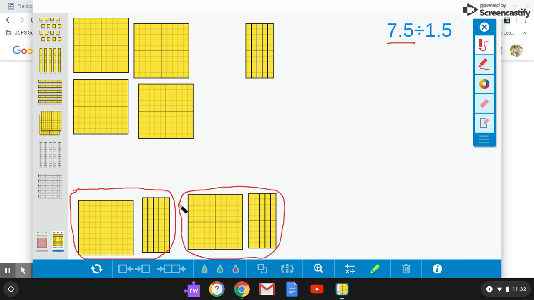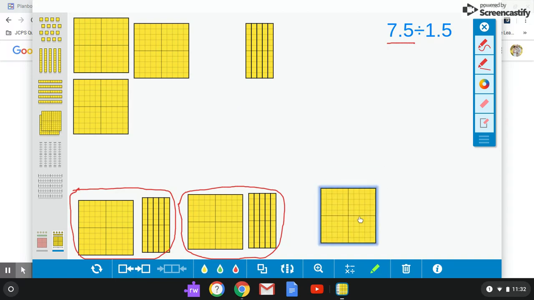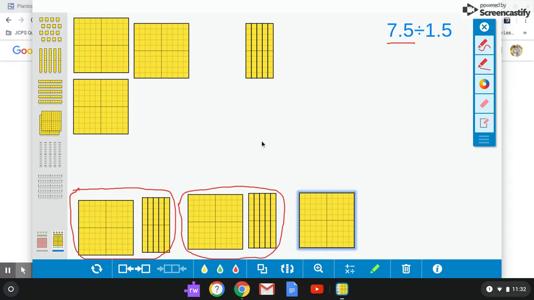And as I'm looking at my pieces up here, it looks like without doing any more regrouping, I can make a third group of 1 5/10. So I'm going to go ahead and do that.